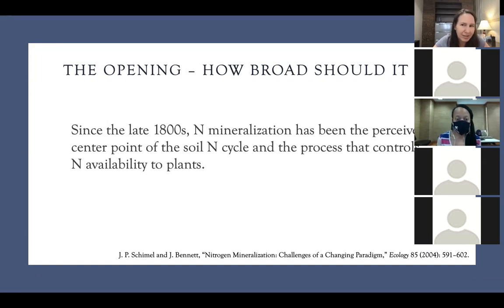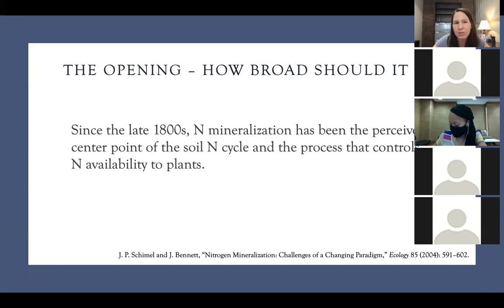So clearly, even though we've just read the opening sentence, this paper is going to challenge that perception, the perception that nitrogen mineralization has been the center point of the soil nitrogen cycle. So you're going to want to think about that opening sentence as, even if you're not stating something explicitly, how are you setting up the broader conversation? Pay attention to the words you're using and what you're suggesting.